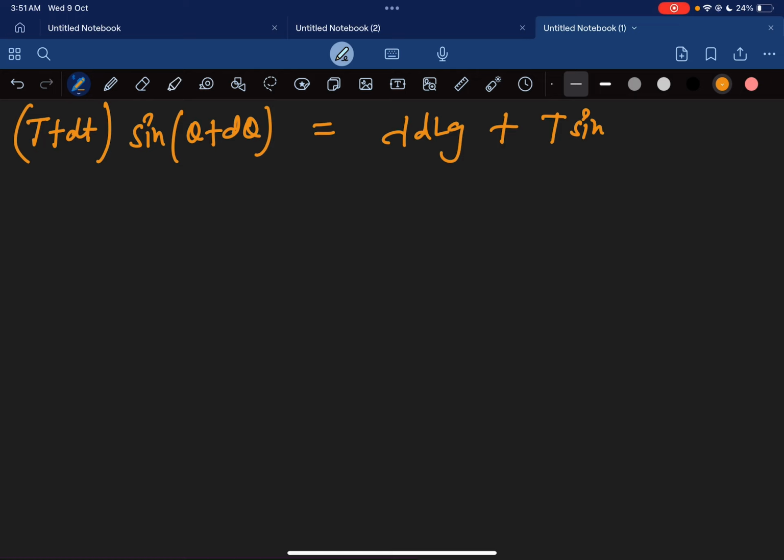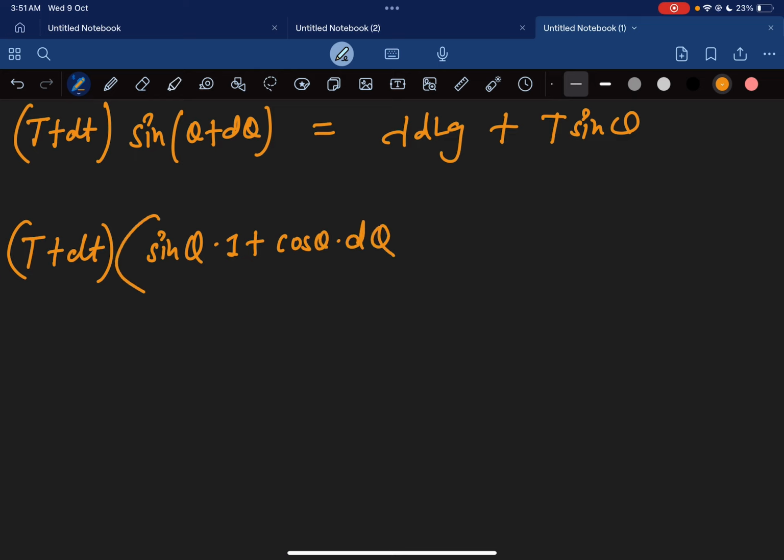Understood? Now again, just open sine (a plus b) using the sine a plus b formula. So it's (T plus dT) into sine theta cos d theta, where cos of d theta is 1, plus cos theta into sine d theta, where sine d theta is d theta, is equal to lambda dl g plus T sin theta. Now multiply these both.